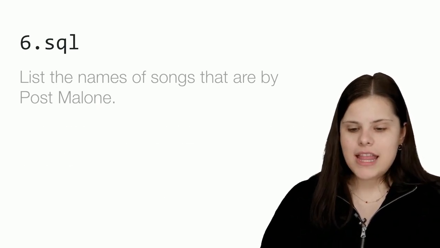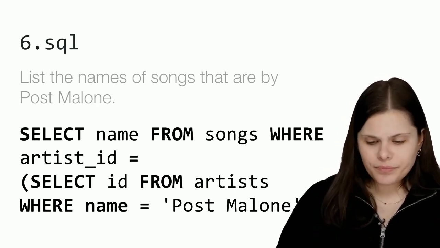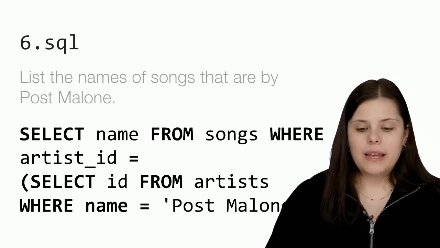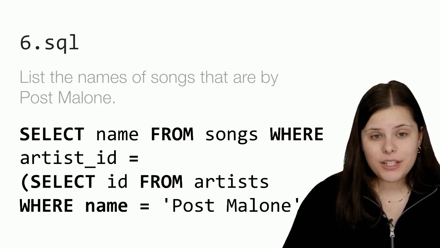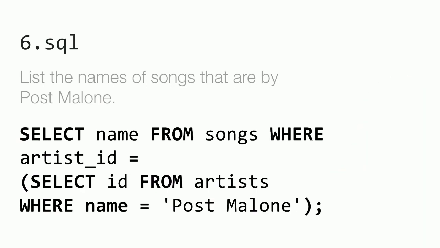Okay, so this is how we might want to go about it. In this case, maybe nested selects would be a way to go. Again, thinking about it inside out, the first thing we want to do is think about the connection that these two tables have, and we know it's artist ID and ID. So what we want to grab first is the ID of Post Malone, like thinking back to the example with Oh Wonder where we get the ID 45.